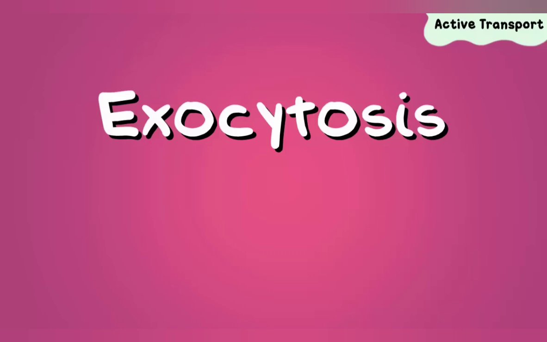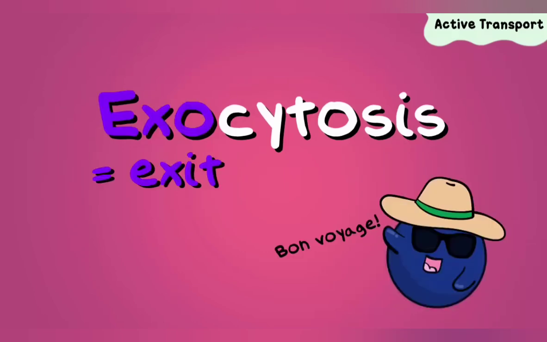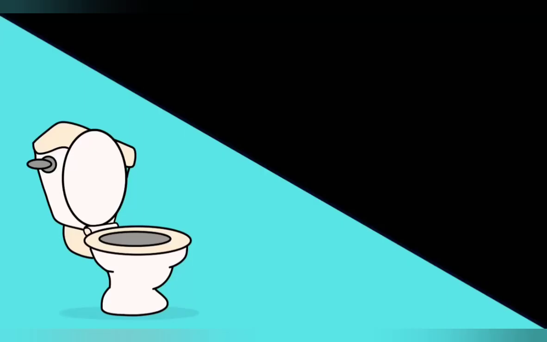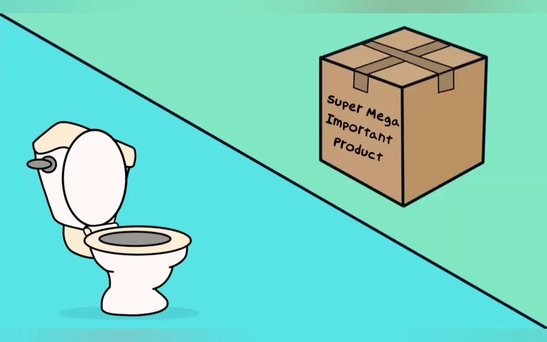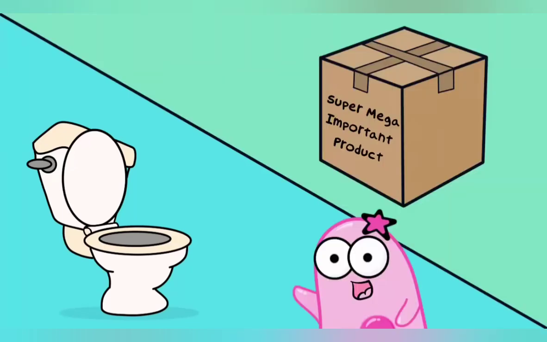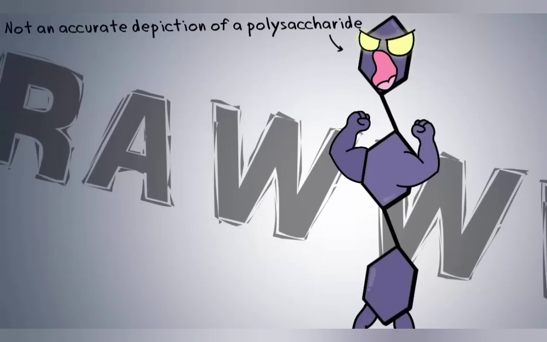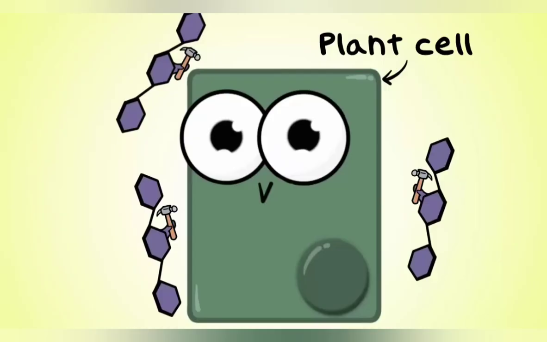Exocytosis is the reverse direction of endocytosis. Think exo and exit. They sound very similar too. Exocytosis can be used to get rid of cell waste, but it's also really important for getting valuable materials out that the cell has made. Want a cool example? Well, think back to those polysaccharides. Did you know that large carbohydrates are also really important for making plant cell walls?